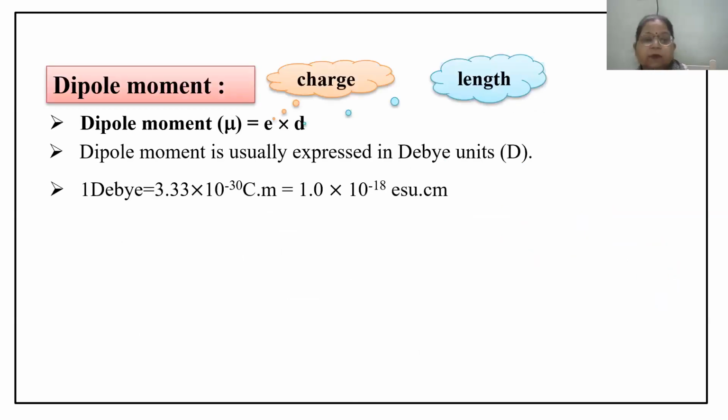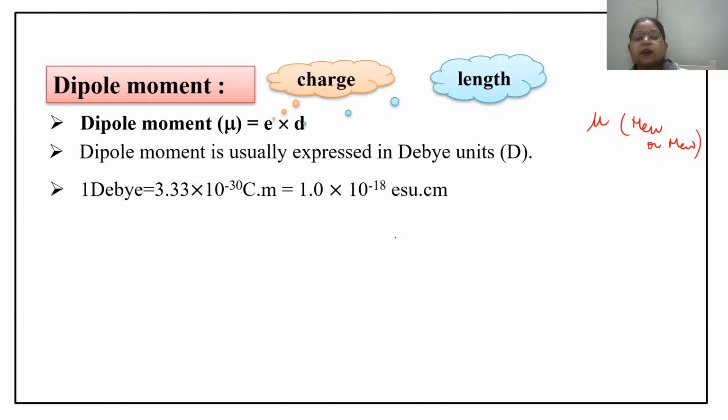This alphabet is called mu. Mu is equal to e into d. The unit of dipole moment is debye.